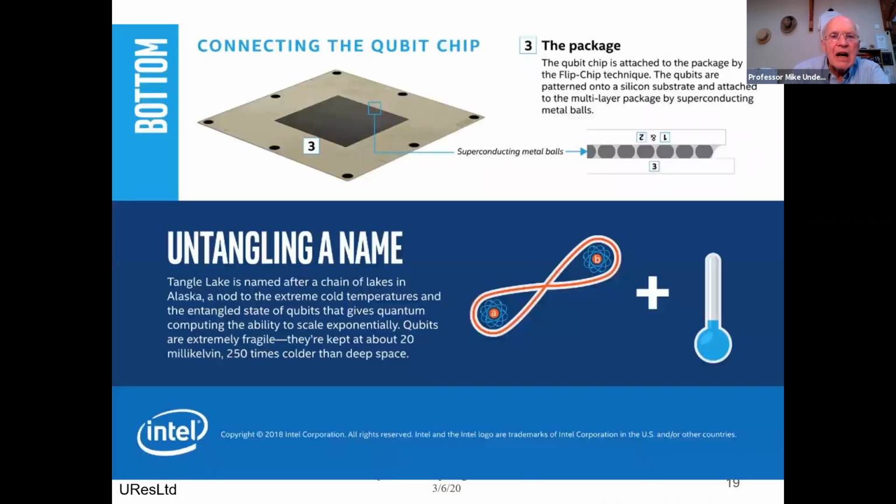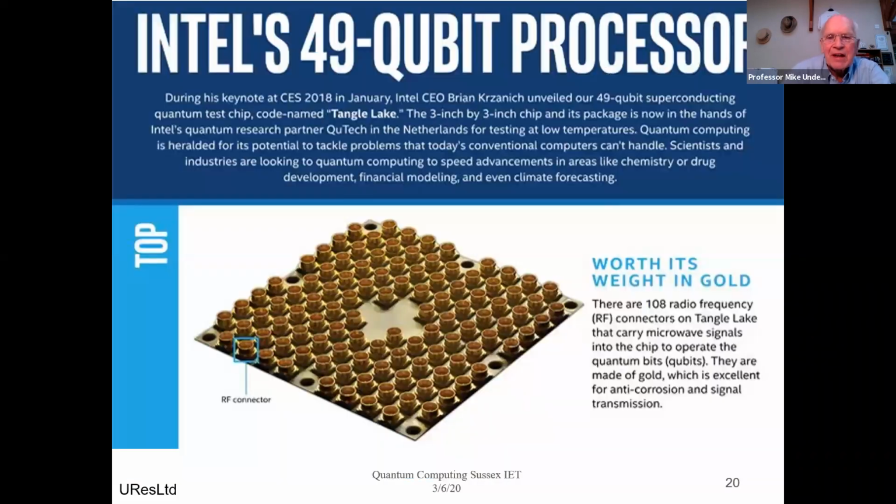Moving on, a little bit more detail, the flip chip technique on that, and then untangling the name, why it was given that particular name. But anyway, that gives you a flavor of the hardware. And I should have put that in earlier.